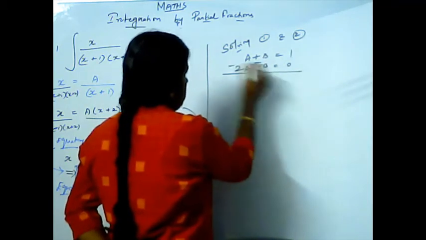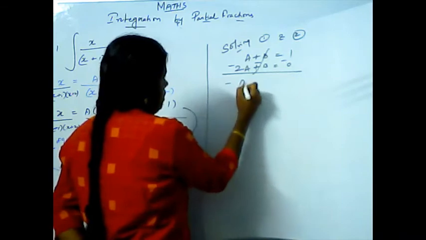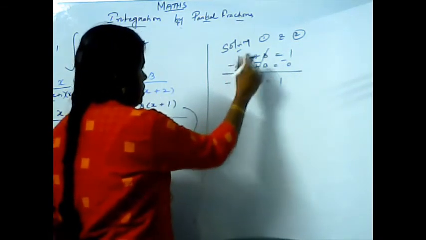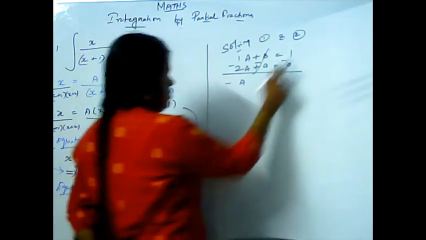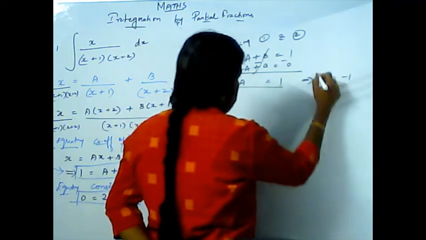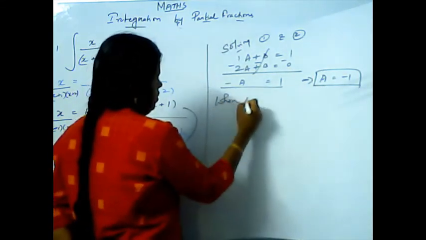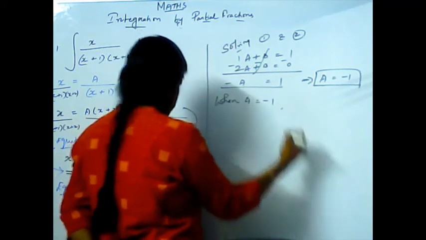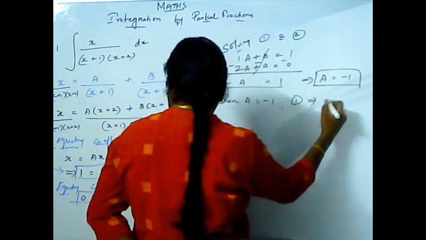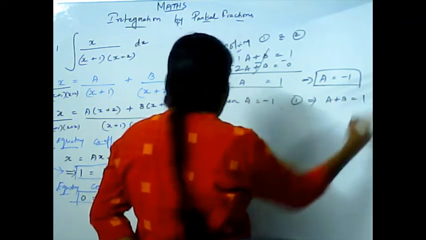When you subtract, what happens? Minus A is equal to 1. So A minus 2A is minus A, which is equal to 1, which implies A is equal to minus 1. When A is equal to minus 1, equation 1 implies A plus B equals 1.